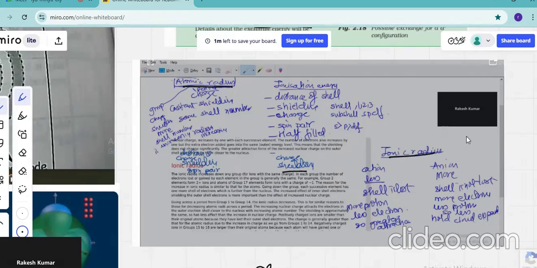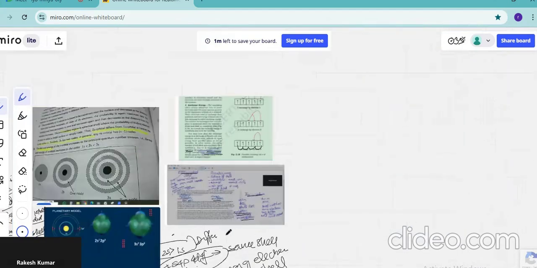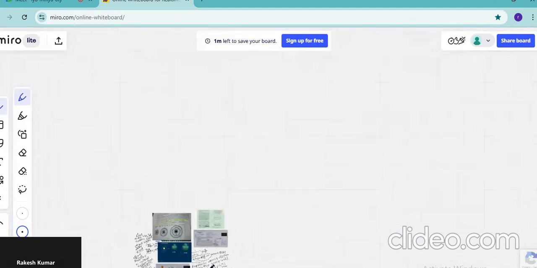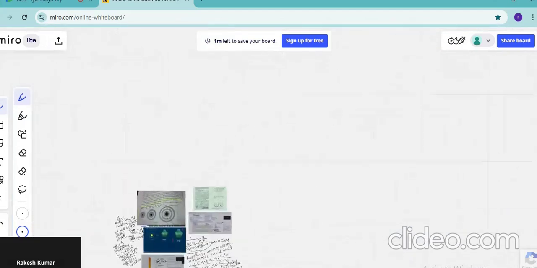Here also, what happens is if there are more protons and less electrons, there is a greater effective charge. Now, how does that come into play? You see, it's like this. This diagram I'm showing you.